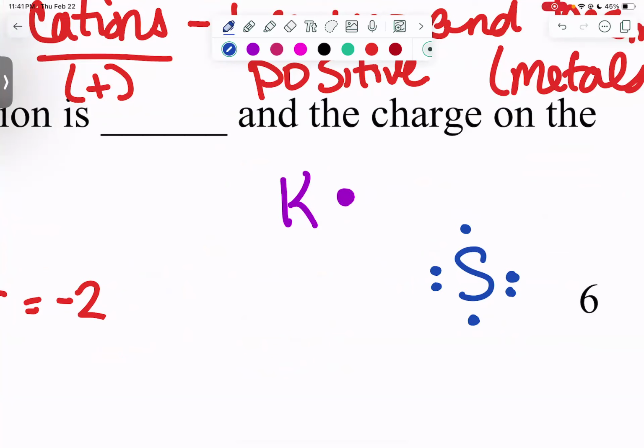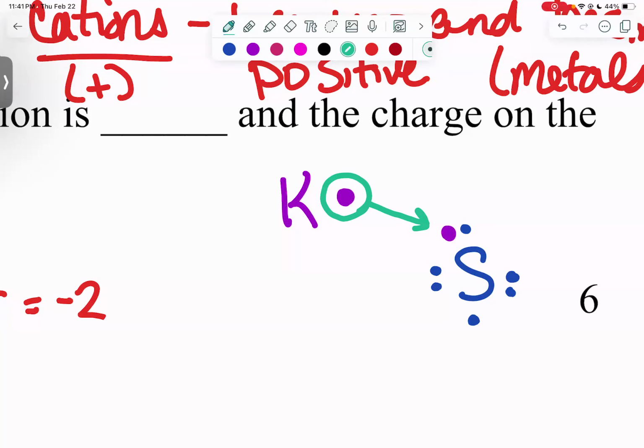So neither one of these atoms are happy. They want to turn into ions, and we know potassium wants to give up an electron, and we know sulfur needs some electrons. So what would happen if potassium said, hey, sulfur, would you like my electron? And gives this 1 electron to sulfur.